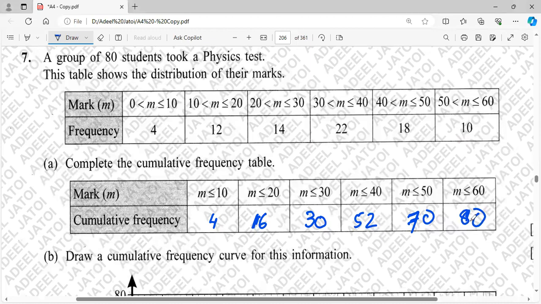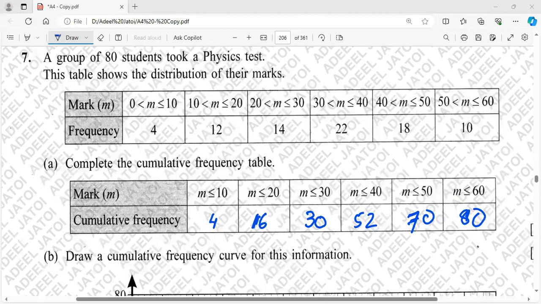Now, the last cumulative frequency value will be the total frequency itself. You had 80 students, and this 80 is basically the 80 here, because the sum of the total frequency will be equal to the final cumulative frequency value.